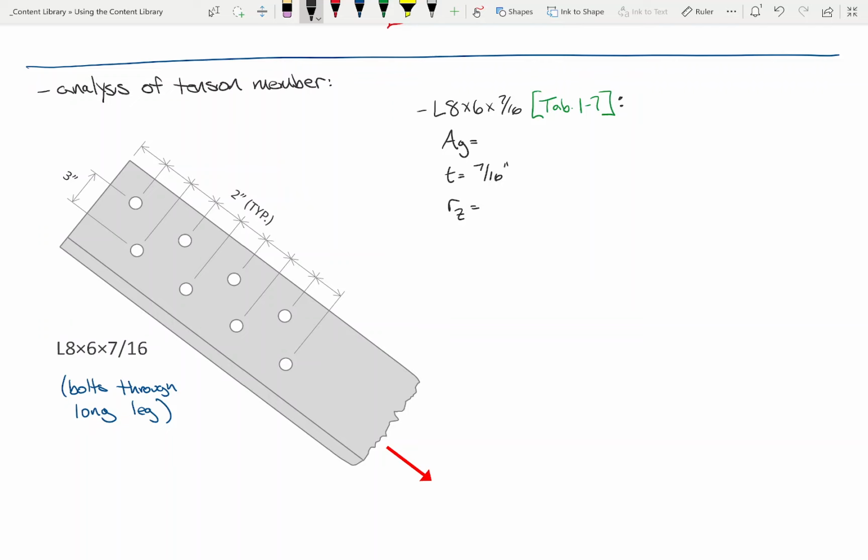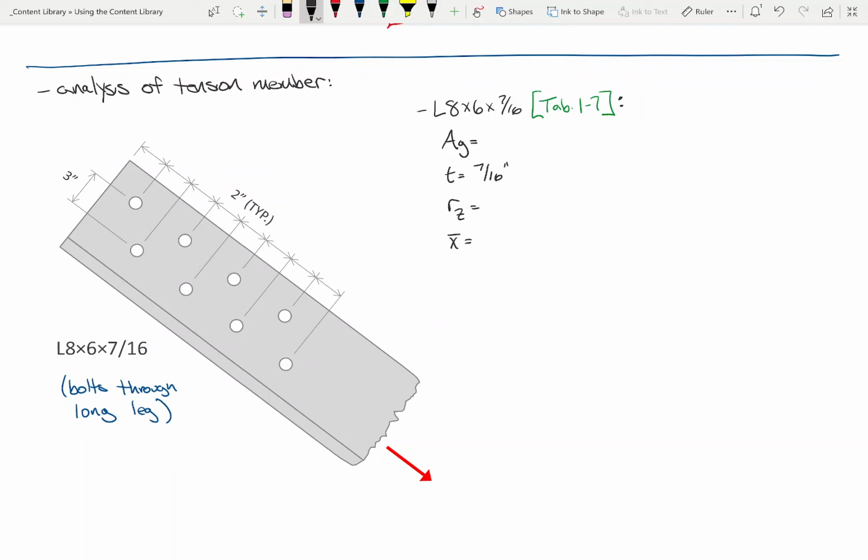Okay, think that through. X bar. I'm going to need X bar. And if the bolts are through the long leg, you're going to use X bar. If the bolts are through the short leg, you're going to use Y bar.